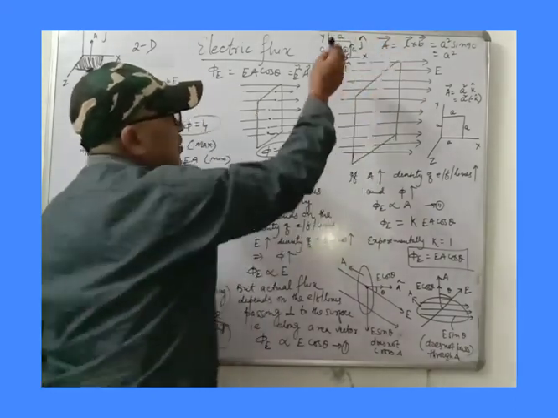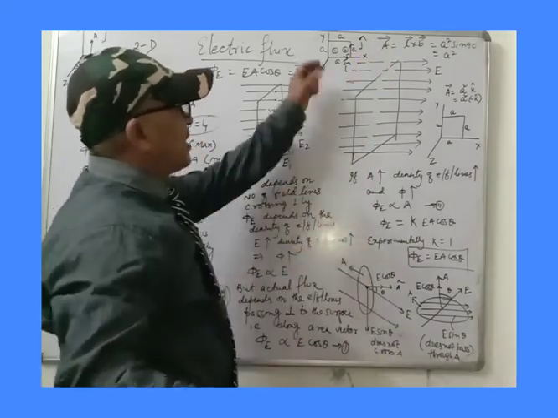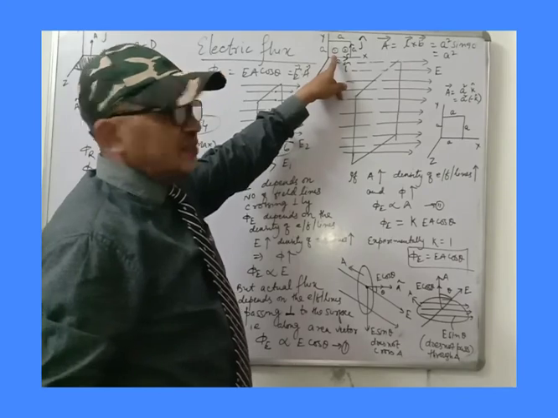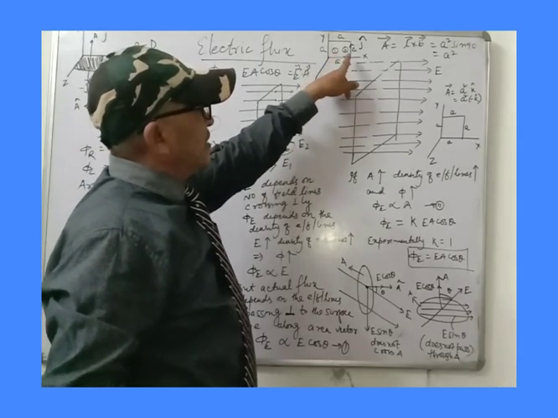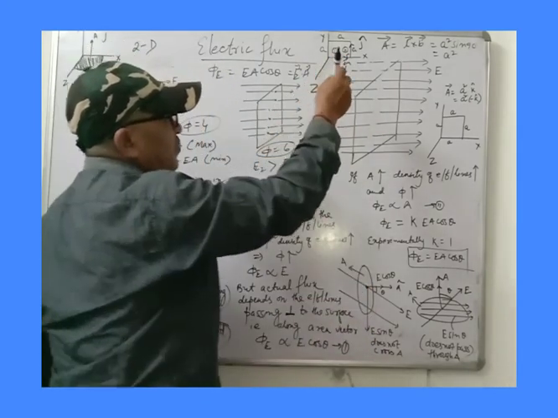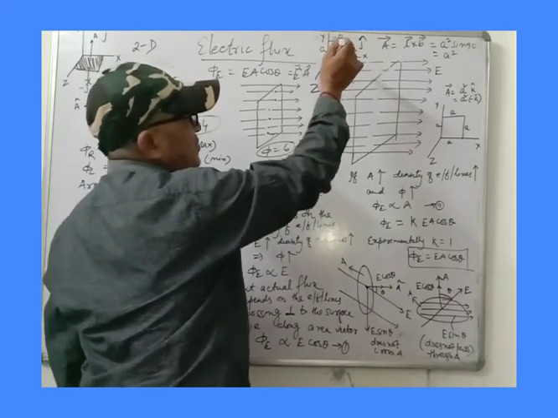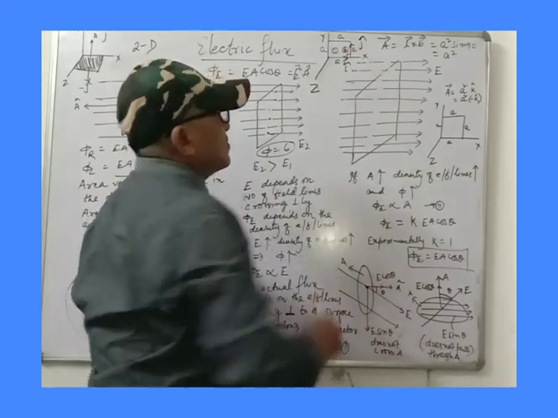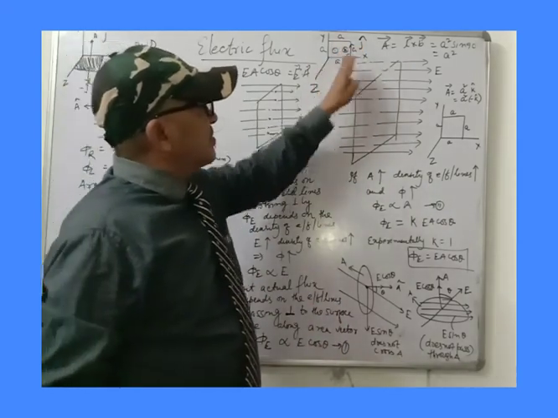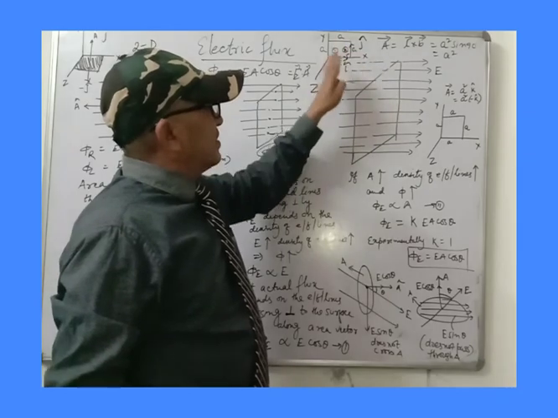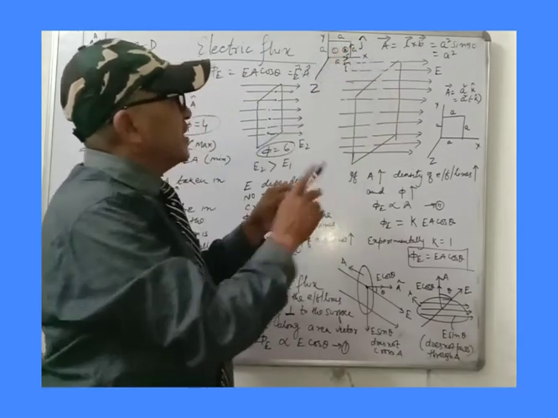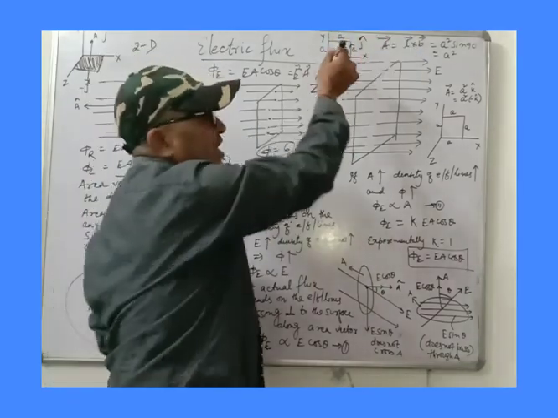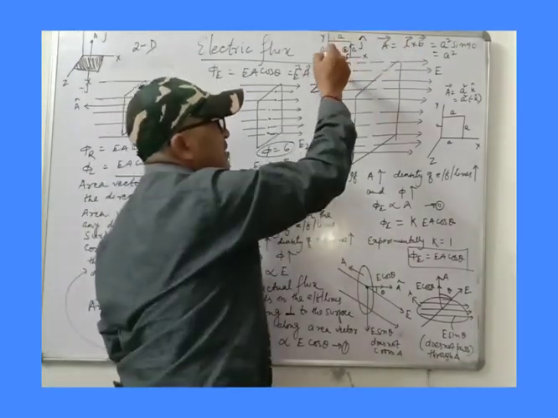Either towards the positive Z axis or the negative Z axis. When you talk about the positive Z axis, it is coming out of the plane, which is shown by a circle with a dot within it. And if it is along the negative Z axis, that means it is going into the plane, which is shown by a cross. So if this is the surface, then its area vector will be normally outward or normally inward.